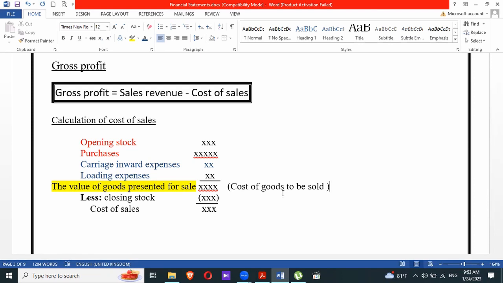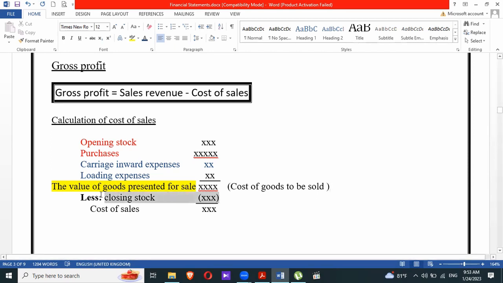But we need the answer for the cost of sales. So from this cost of goods to be sold, we have to deduct closing stock, right? Because at the beginning I told you, closing stock means the stock which remains unsold. We can't add that cost into the cost of sales because we didn't sell that stock.